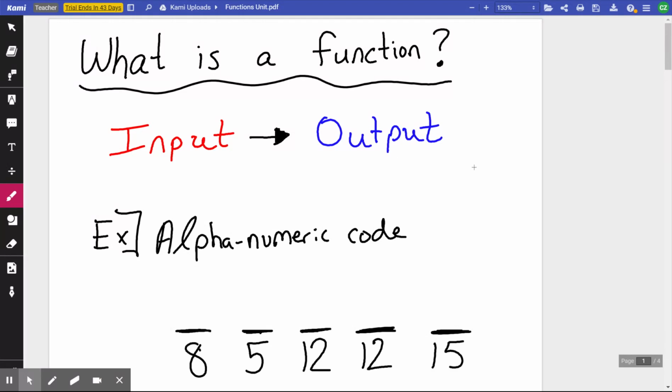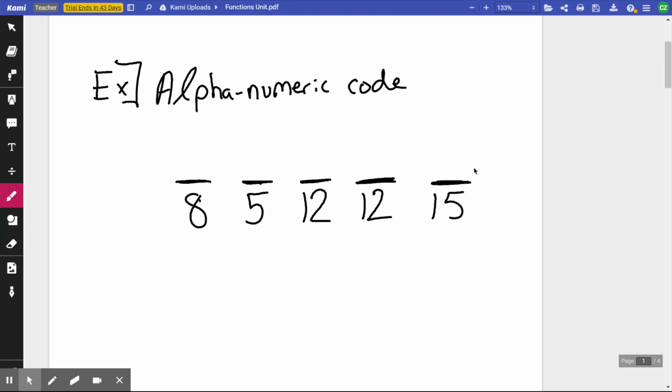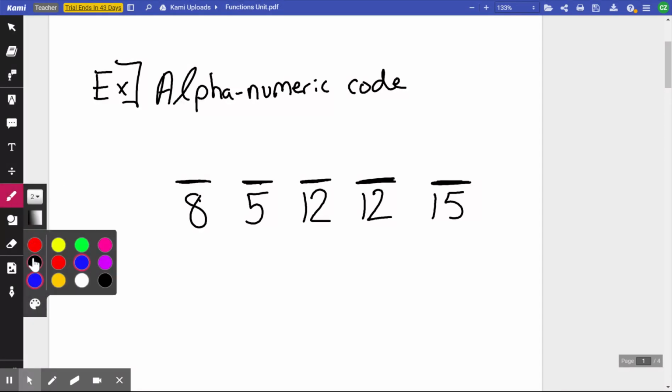So a popular example we have for an input and output for a function is an alphanumeric code. What this function does is it takes in a number. The number is the input, and what it gives you back is the output. For this function, we have some inputs here. They are 8, 5, 12, 12, and 15.